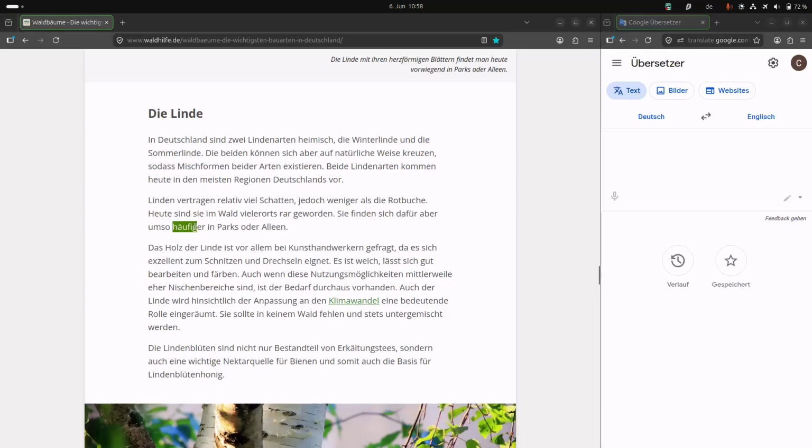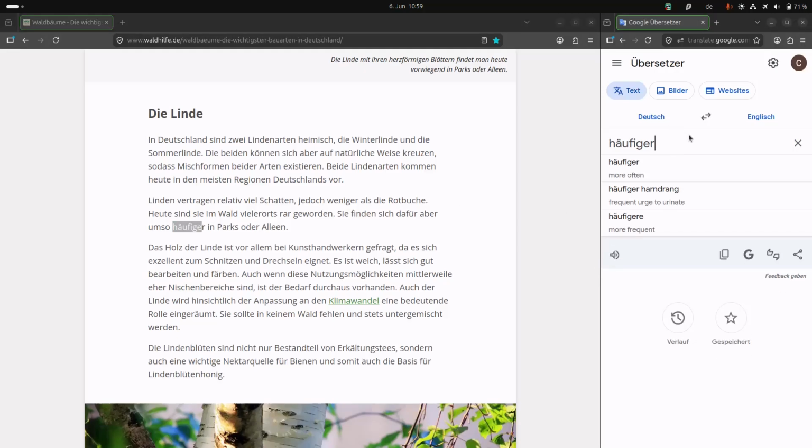So häufig means basically a lot of occurrences, you could say. So the more, umso häufiger, the more, you could say, occurring. Häufig, there's an R missing. More often, yeah. So the more often, häufig just in general means often, in parks, oder Alleen, or avenues, so the same as in here.